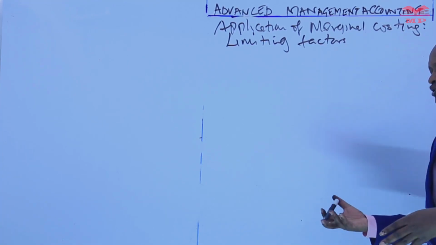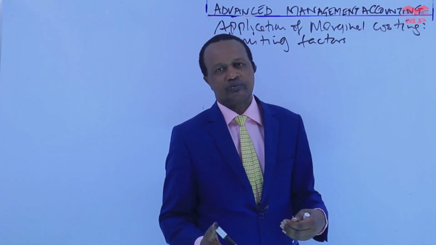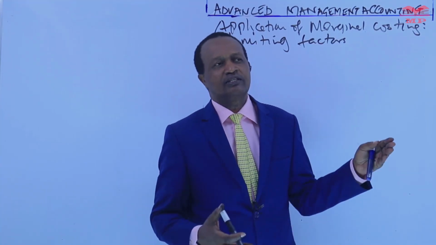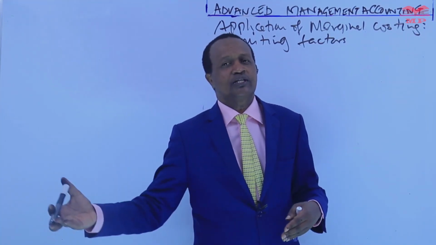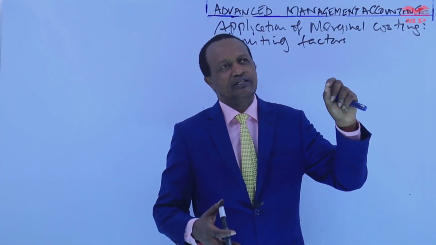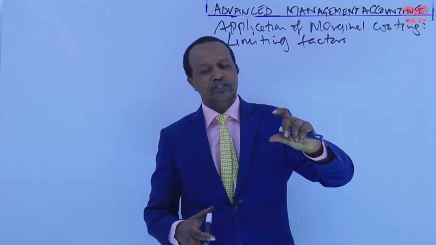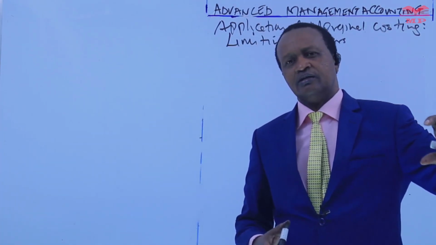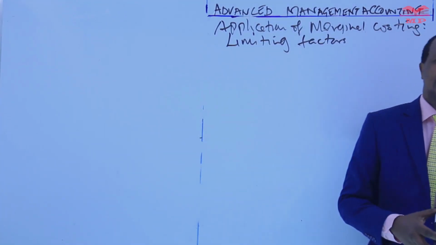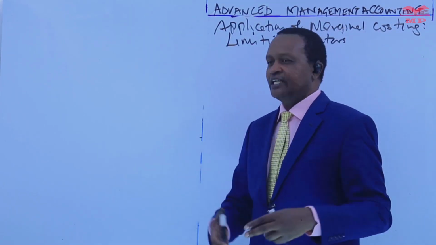If a company is producing products A, B, C, D, and each product has a different contribution, and there is a limit to the number of hours that can be applied in order to produce these products, so the company must have the right product mix so that the product that earns most contribution should be allocated the majority of the hours. You understand? So that's what you are referring to as limiting factor analysis.